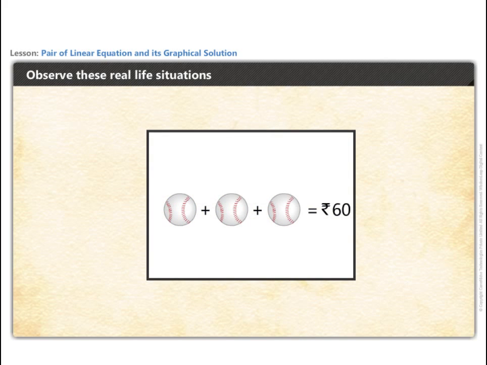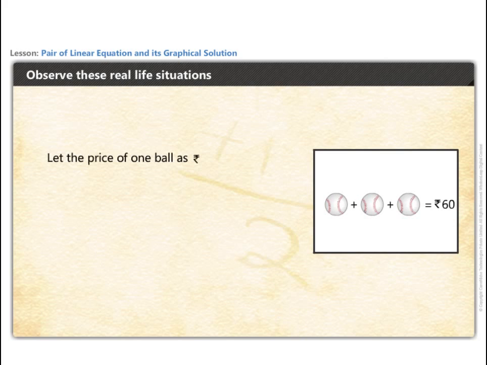We can mentally work out the steps, but for actual computation, it is more convenient to use algebra. Let us denote the price of one ball as ₹x. So, 3x is equal to 60. Solving for x, we get the price of each ball as ₹20. So, Joe pays ₹20 for each ball.